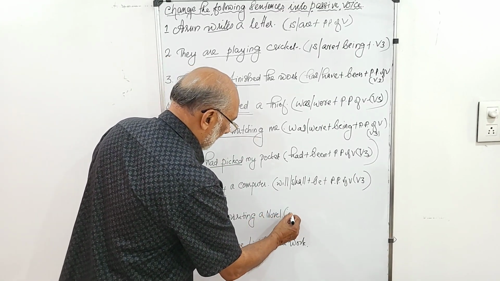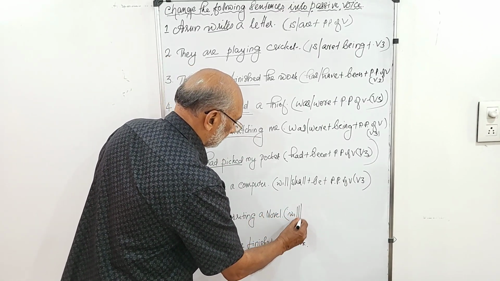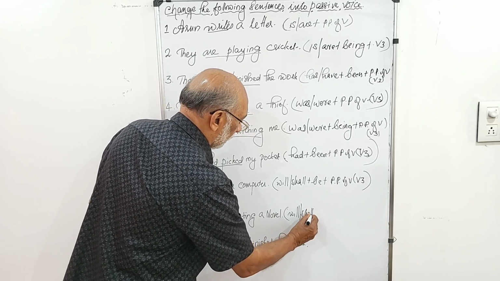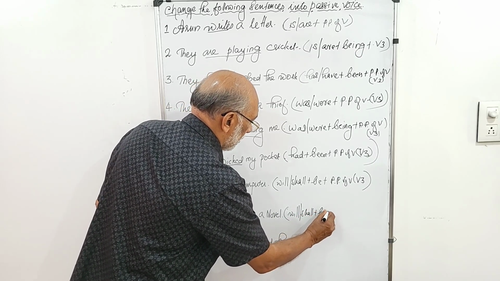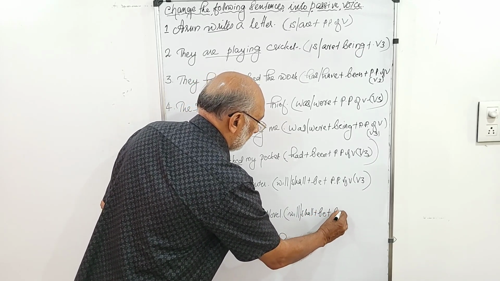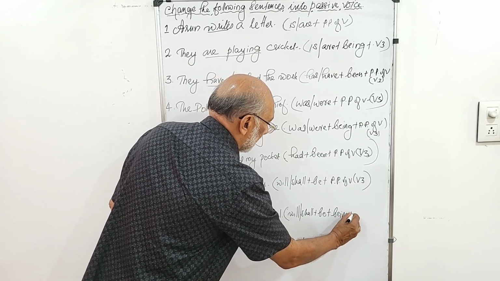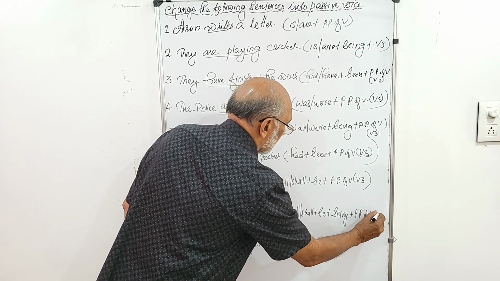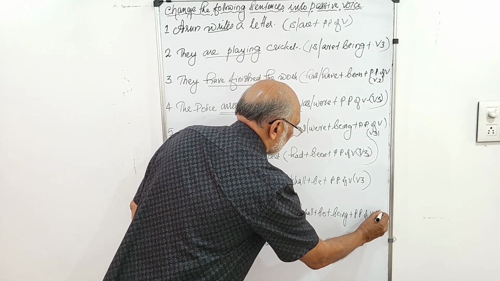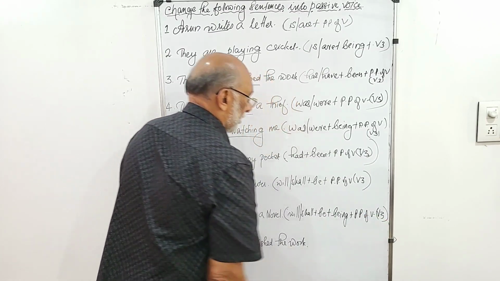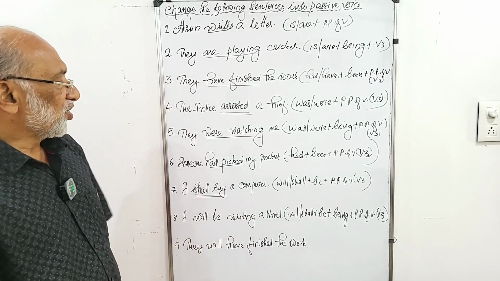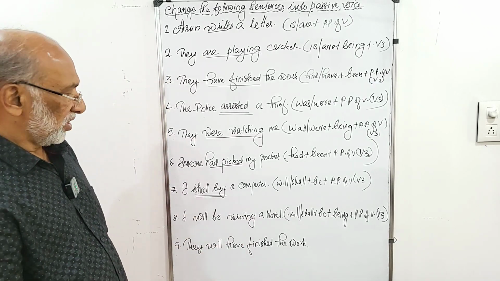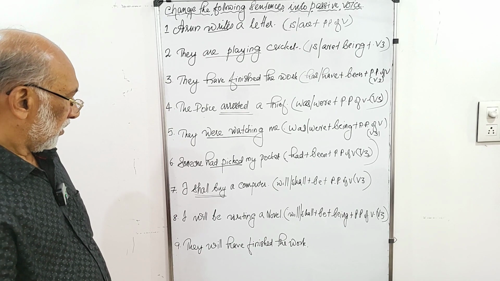So will or shall plus be plus being plus past participle of verb or V3, as always. So that is the structure of the sentence in the passive.